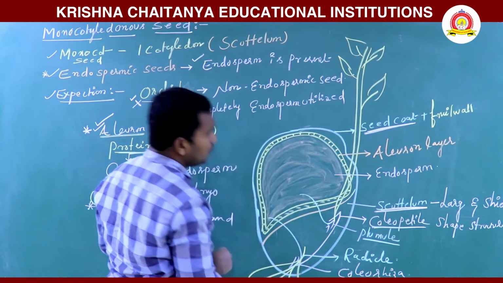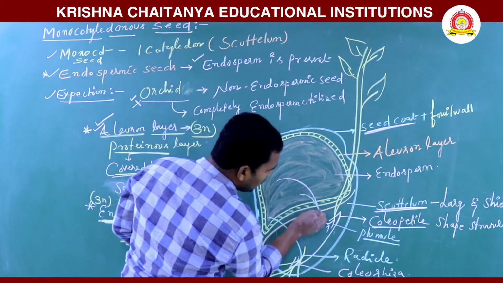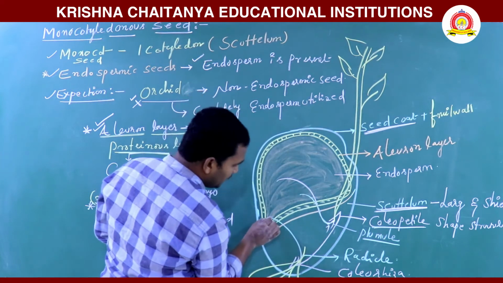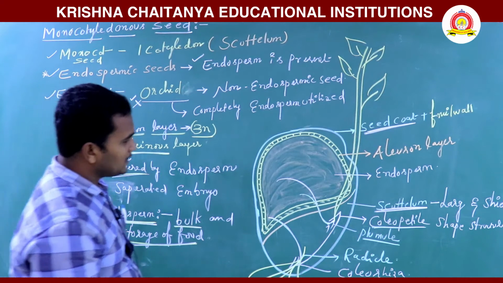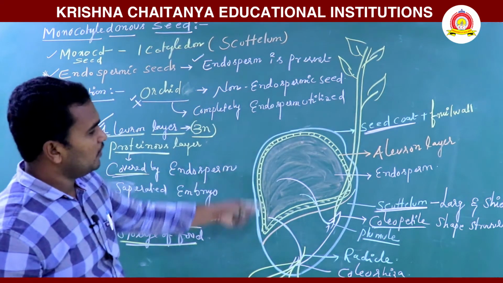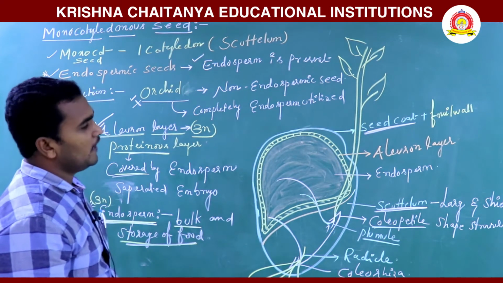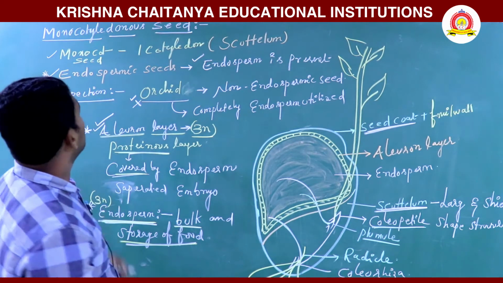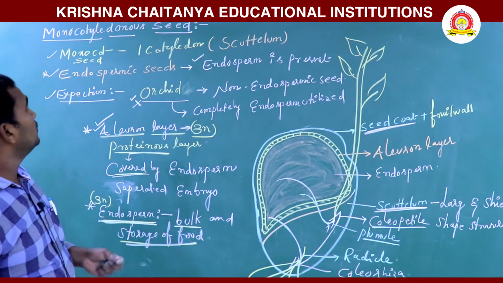This completely utilizes the food material contained in the endosperm, and the seed develops into a new plant. Next we will discuss germination of seed.